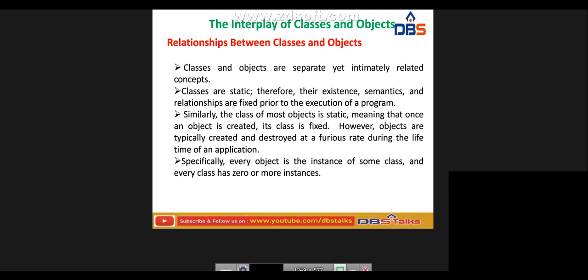Specifically, every object is an instance of some class, but every class has zero or more instances. An object is always an instance of a particular class, and a class may have zero or more instances. Okay.